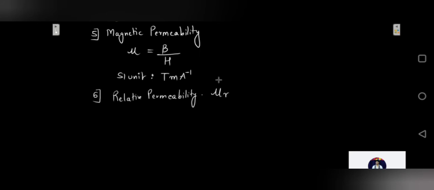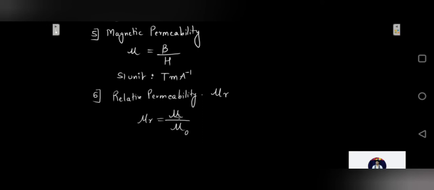It is defined as the ratio of permeability of that particular medium that you are considering to the permeability of free space. So if you compare the permeability of that material with free space, mu naught, that is going to be your relative permeability. That means you are comparing the permeability of a particular material with that of vacuum.